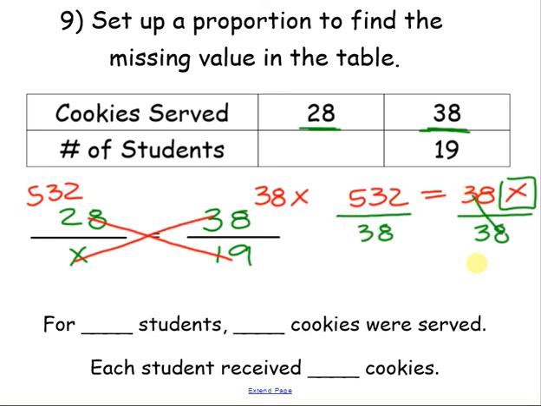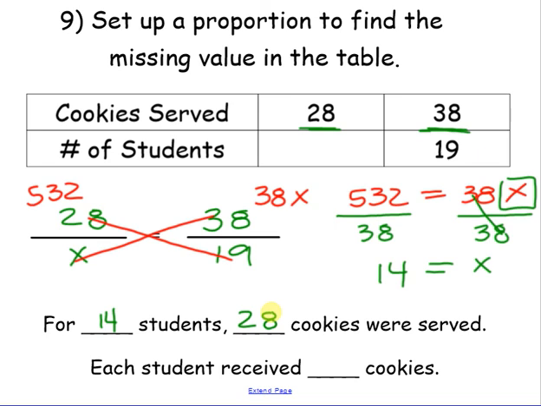These guys cancel, and you're left with x equals 532 divided by 38 is going to be 14. So for 14 students, 28 cookies were served.